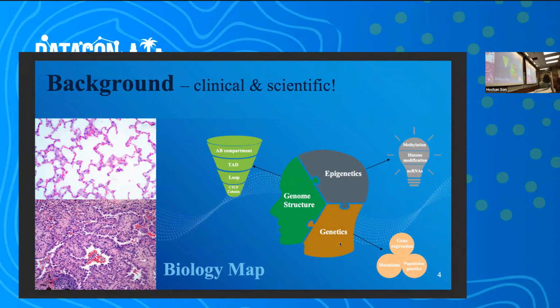The top slide here is the normal lung tissue with a less crowded cell population and lower staining power. The bottom slide is the cancerous lung tissue, which has much denser cell populations with higher staining power here.